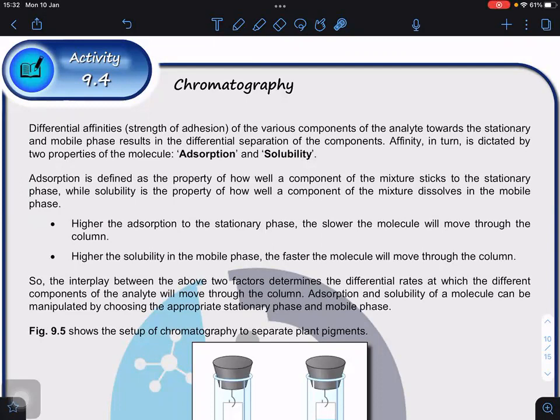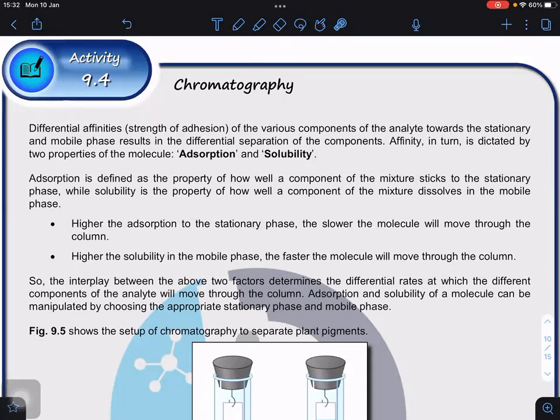If I have a very high adsorption, I tend to interact with the cellulose fiber or the silica gel. When I pass one, talk to you, pass another one, talk to you, so I move very slowly. But if my adsorption is very, very low, I don't care, I just walk. Then I will move fast.